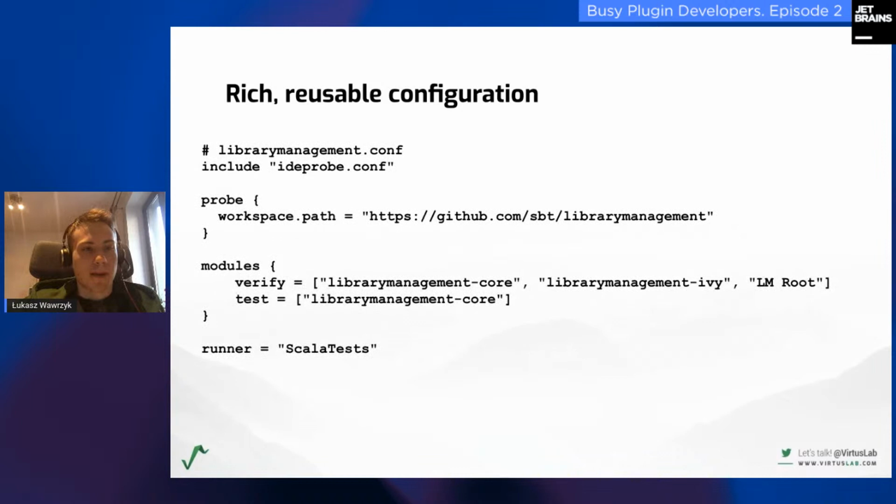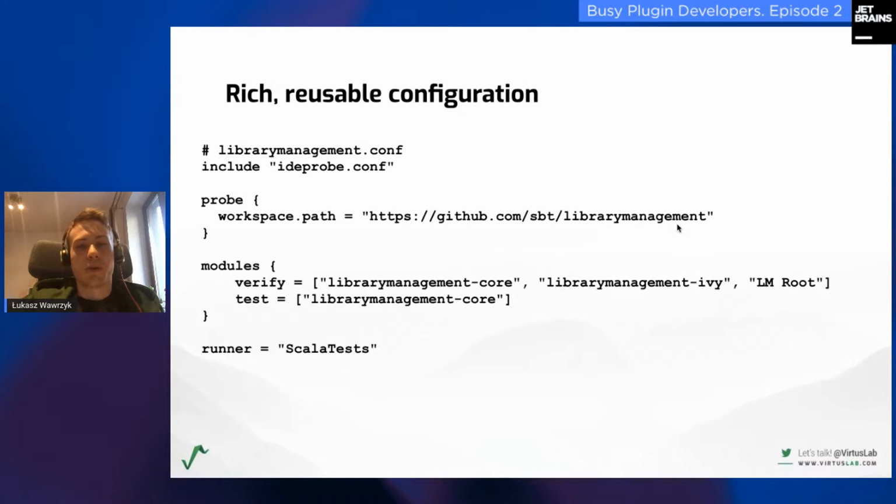And next up, we have library-management.conf. It's named after the project that we are running a test on. And here we include ide-probe.conf. So we take all of the settings that are there already and add new settings. Here we are configuring probe. So we say workspace.path equals GitHub SBT library management.